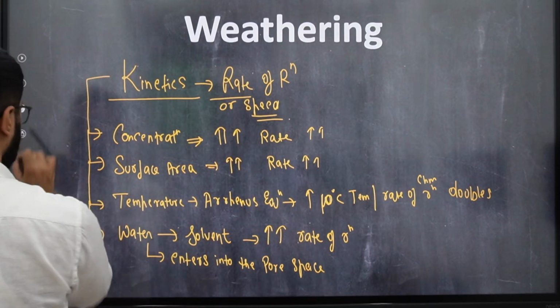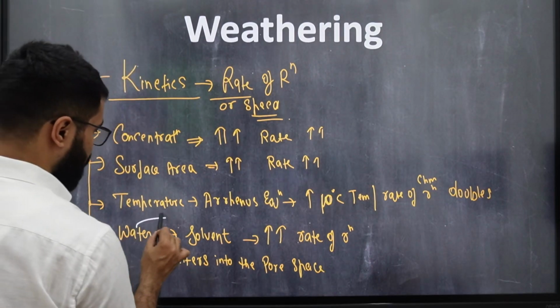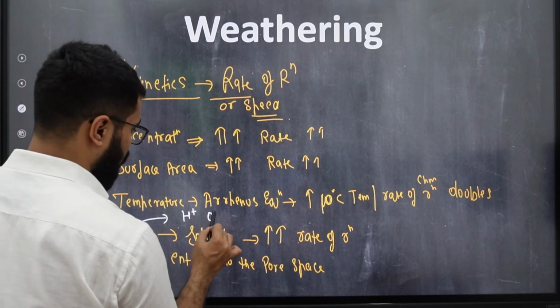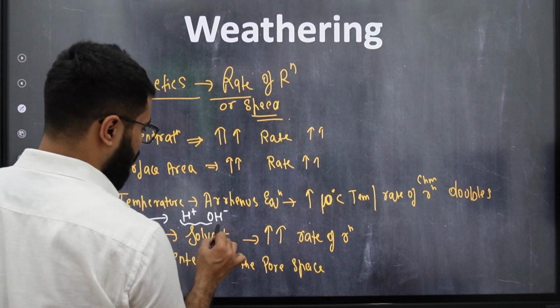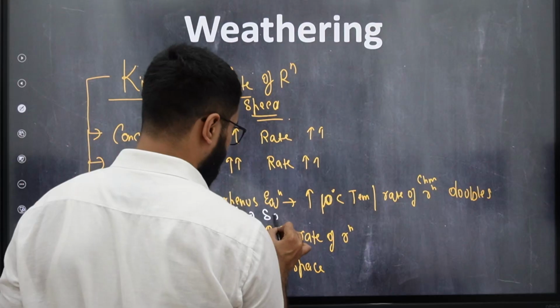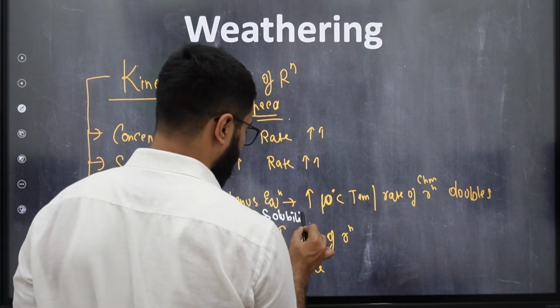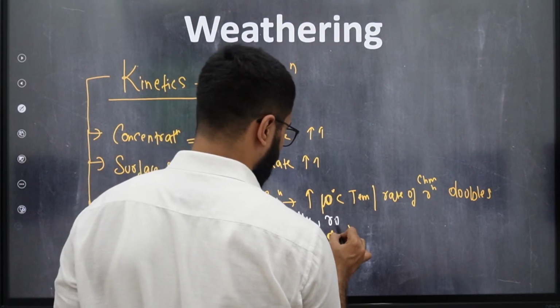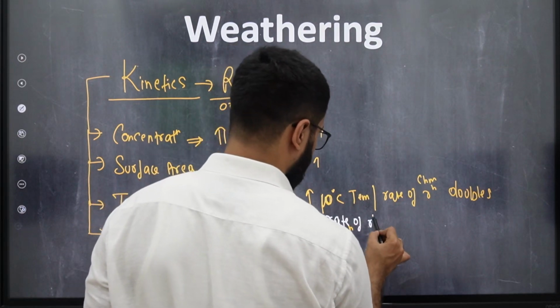Another important aspect of water is what? Water splits into H plus, OH minus, and these are one of the great solvents. It increases the solubility and hence rate of reaction is increased.